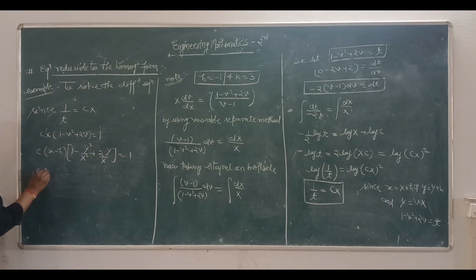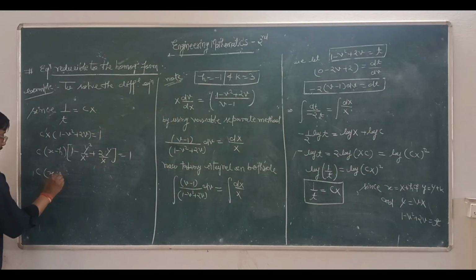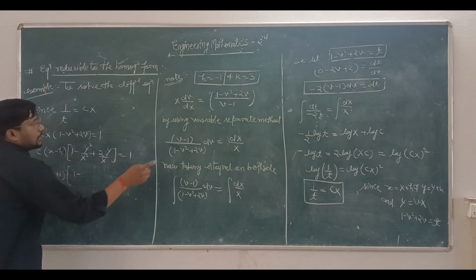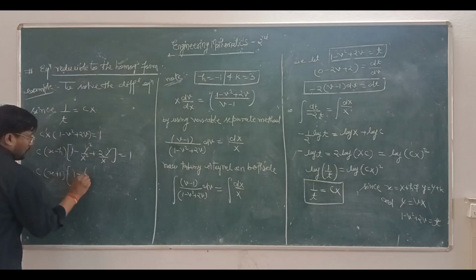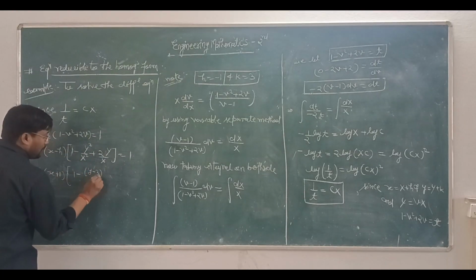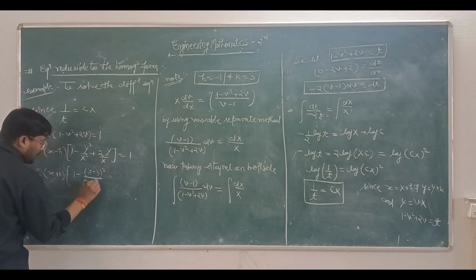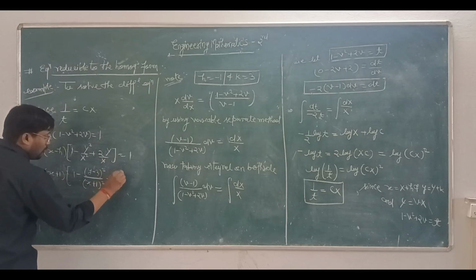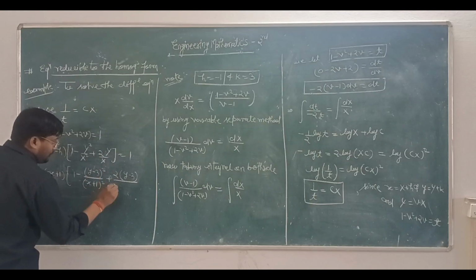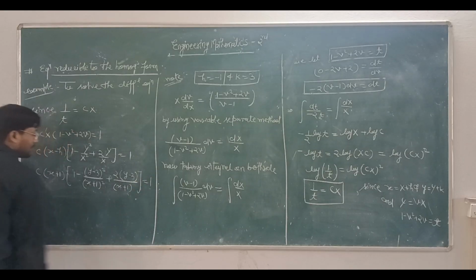Now you can write c (x minus the value of h), that is x plus 1. Now capital Y is equal to y minus the value of k, which is 3. So you can write 1 minus (y minus 3) to the power 2 upon (x plus 1) to the power 2 plus 2 (y minus 3) upon (x plus 1) is equal to 1.